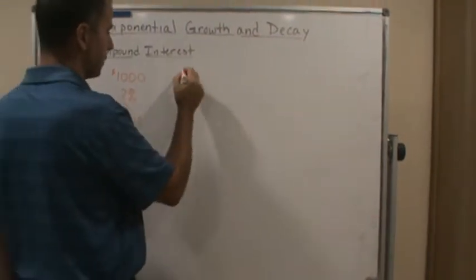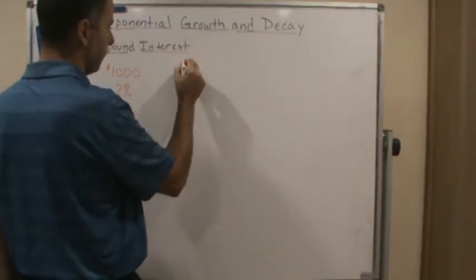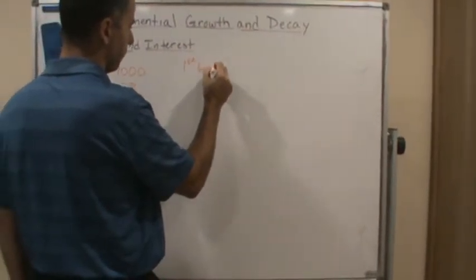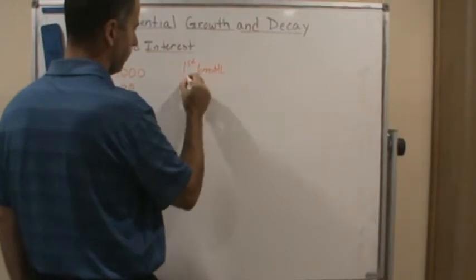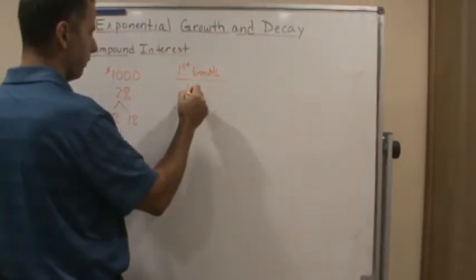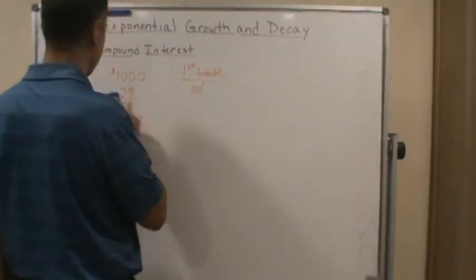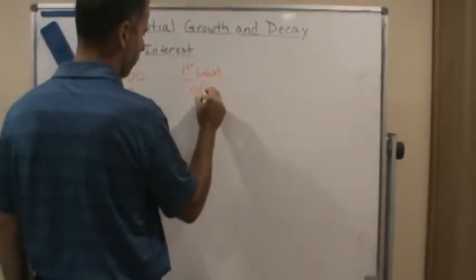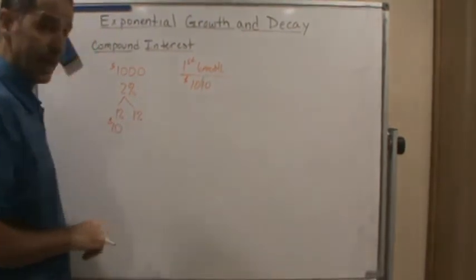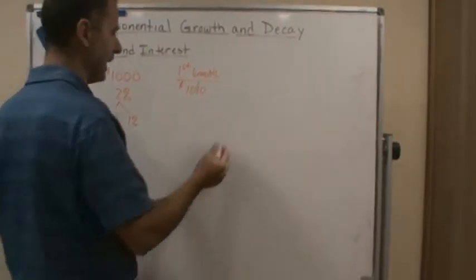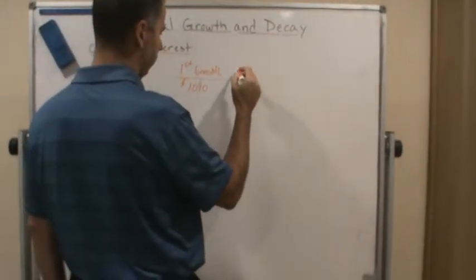So at the end of the first 6 months, now you have $1,010.